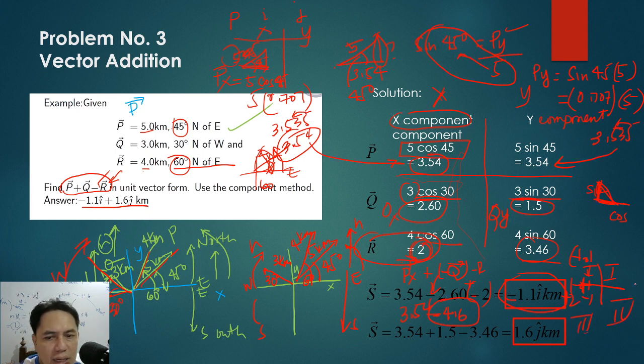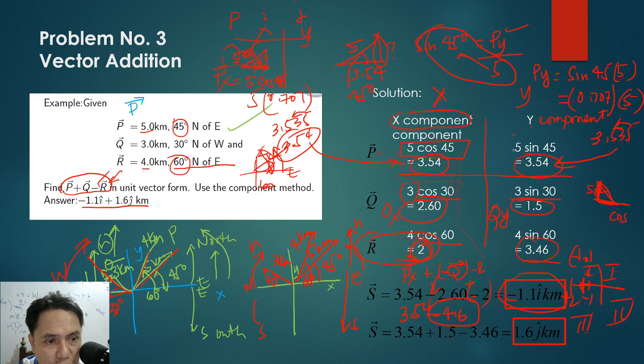What about the y? We have to get all the y components: the 3.54, 1.5, and 3.46. Then we plug them into the equation P Q R, but with the y components. What is P sub y? P, but the y components.